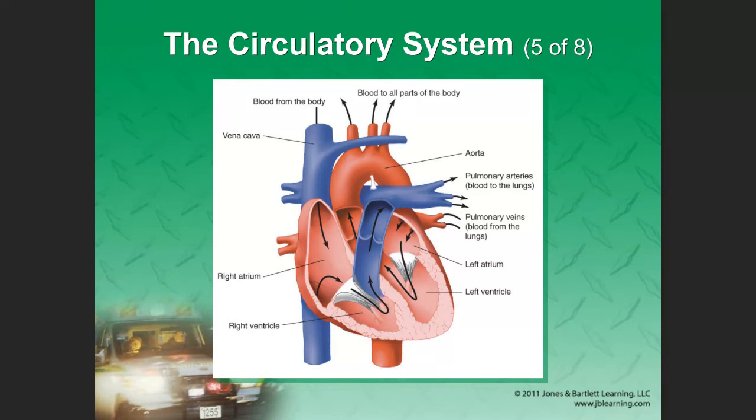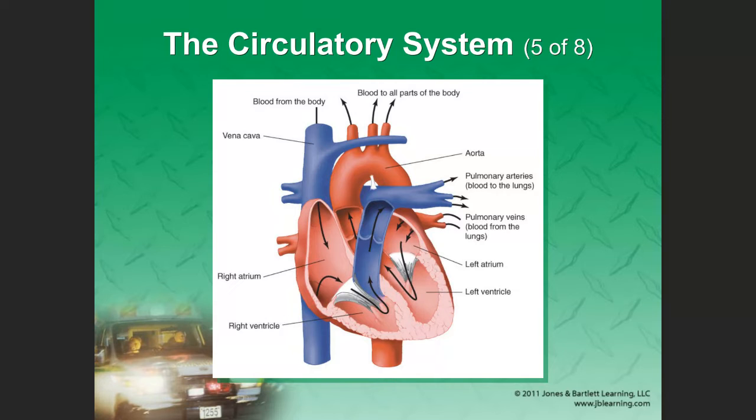So the right ventricle receives the deoxygenated blood, it contracts and pushes the blood through a valve within the pulmonary arteries, and then the pulmonary arteries take that deoxygenated blood to the lungs.